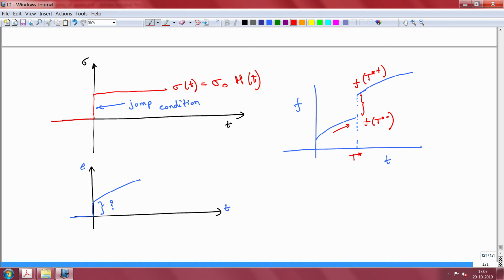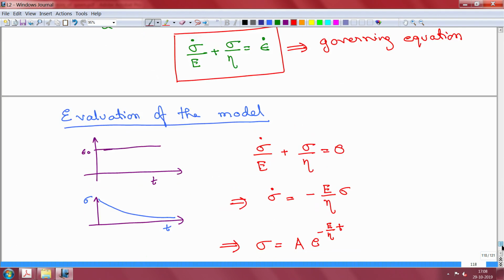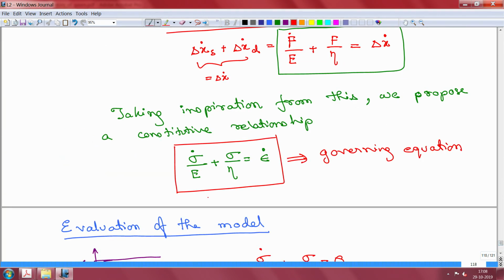So, our problem is that, let us say, given a jump in the signal, you have to figure out the jump in the response. Okay. And the jump in the signal can be either the stress or the strain, and the corresponding response will be the other one. So, the equation that we are working with is, right, all I have done is I have used this equation back.